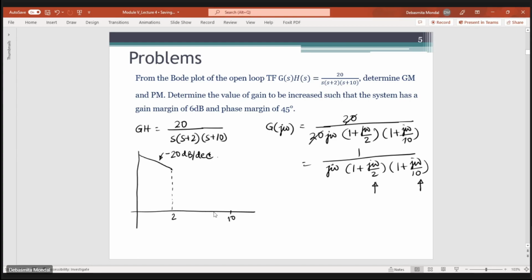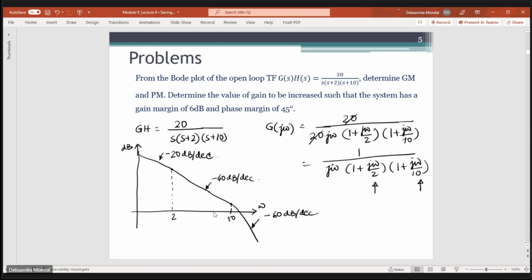At this point, since there is a first order pole, another minus 20 dB per decade comes in, so overall this becomes minus 40 dB per decade. And at omega equals 10, again you have a first order pole, so another minus 20 dB per decade is added, and this becomes minus 60 dB per decade. This is your omega and this is your magnitude in dB.